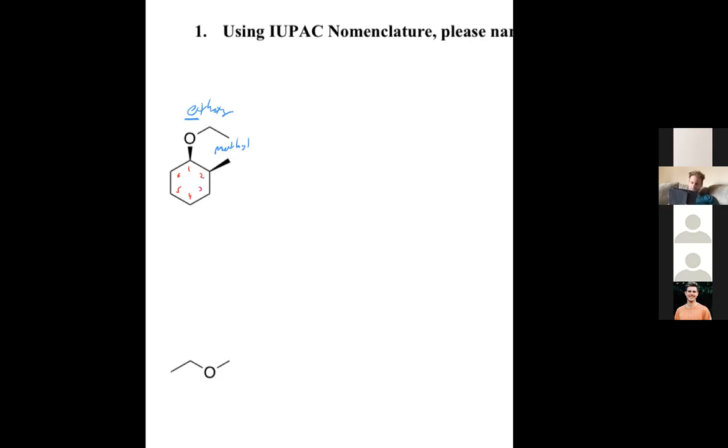All right, so we got a cyclohexane. We've got 1 ethoxy, 2 methyl. Let's do some RNS.